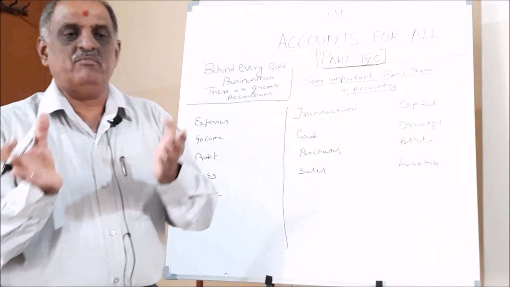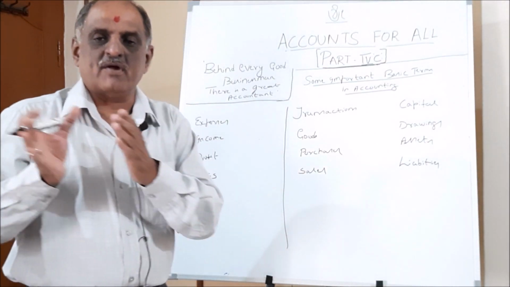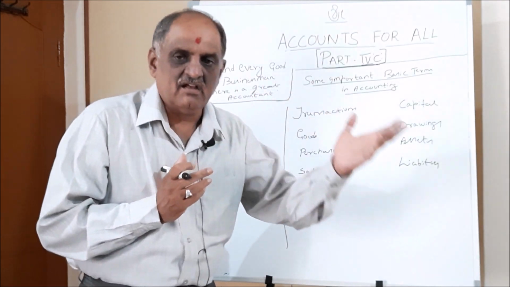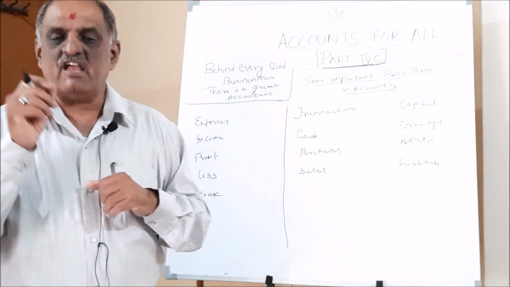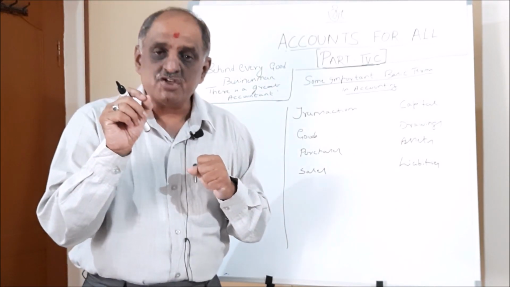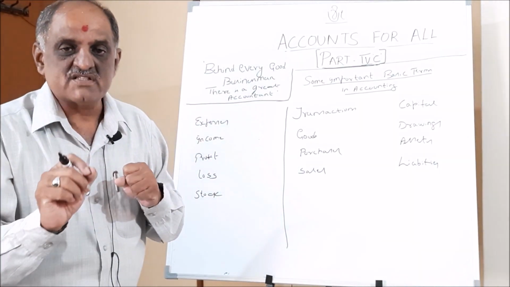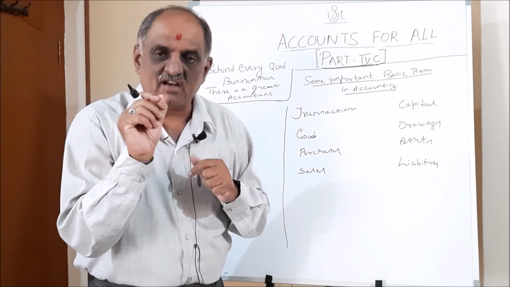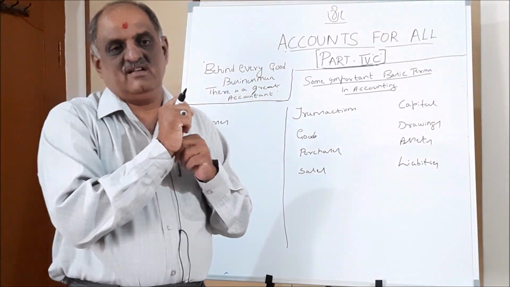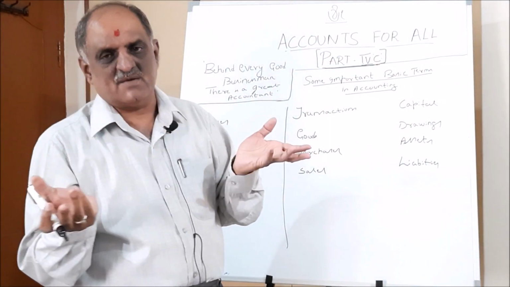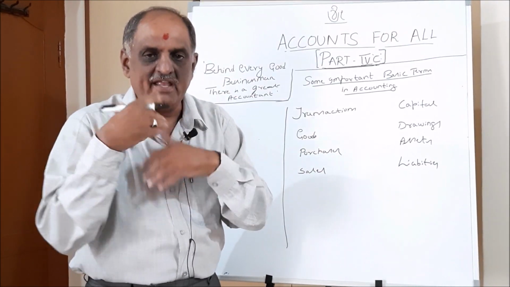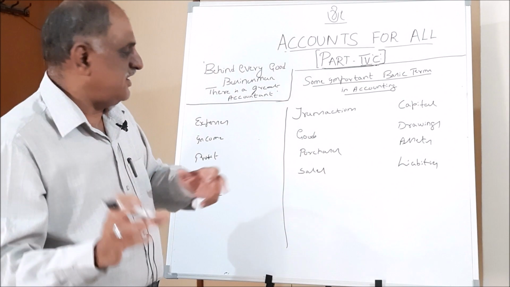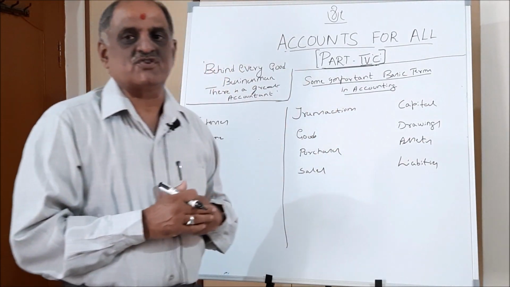Assuming that I am dealing with rice, I am purchasing rice, I am selling rice, then rice is my goods. That means every businessman does business with some particular item or many items, whatever you call it, the items which you are dealing, buying and selling, that is called goods.